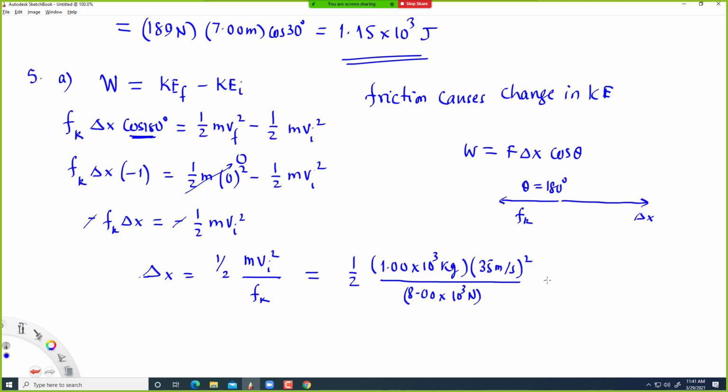That gives us delta x, which is 76.6, sorry, not Newton, it's meters. So this is the minimum distance at which the brakes should be applied to avoid the collision.